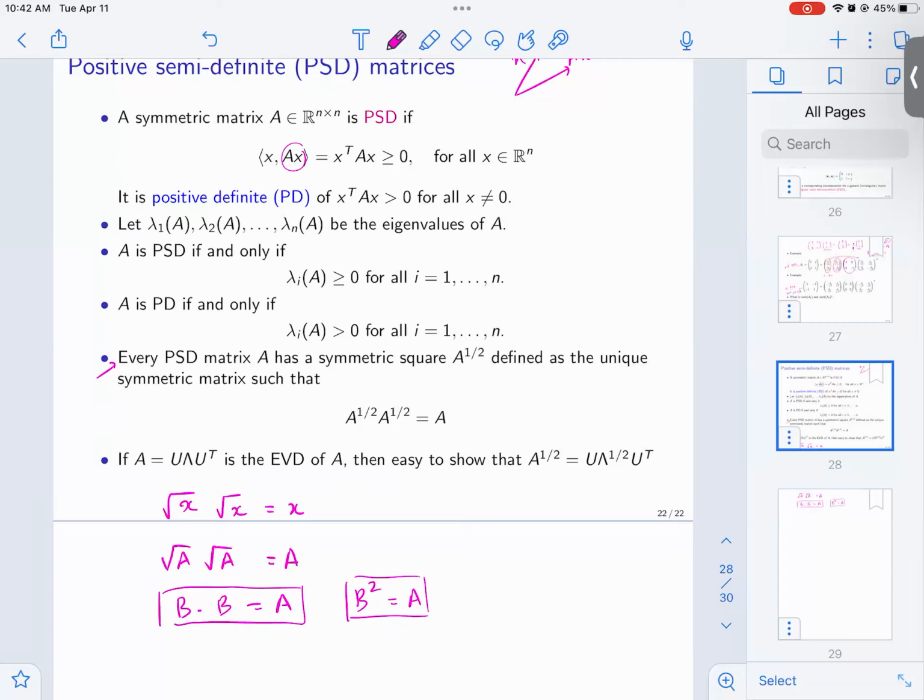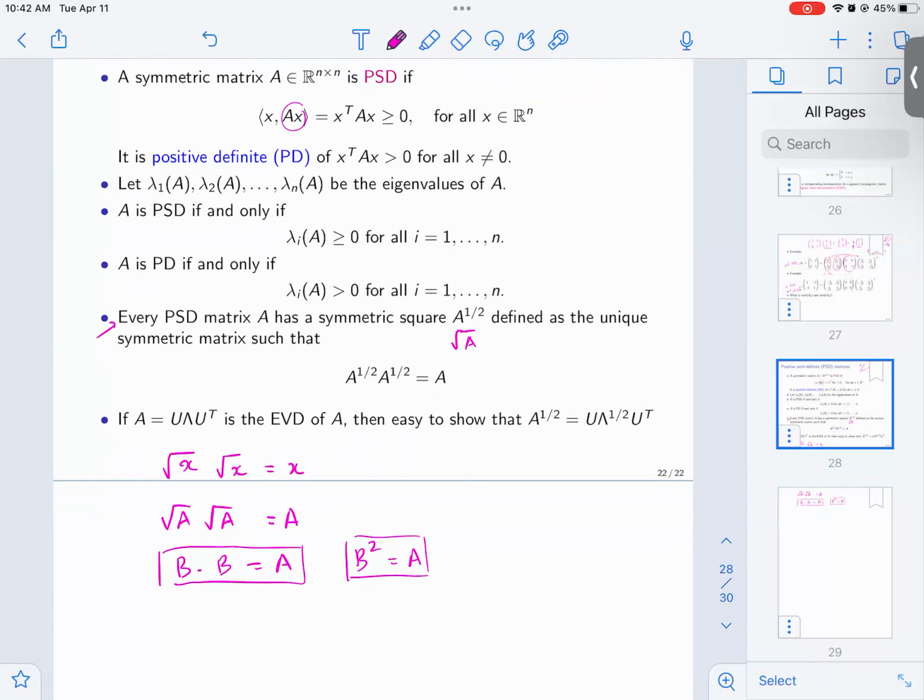which I'm going to denote by either root A or A to the 1/2, and it has the property that A^(1/2) times A^(1/2) is equal to A. This exists for any positive semi-definite matrix, and it's actually easy to calculate based on the eigenvalue decomposition. If the eigenvalue decomposition is like that, then the square root is calculated by taking the square root of the diagonal matrix inside.